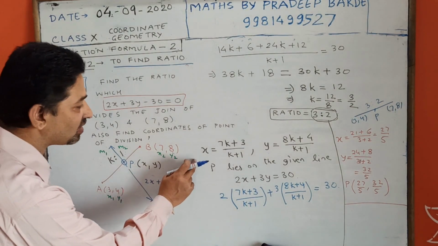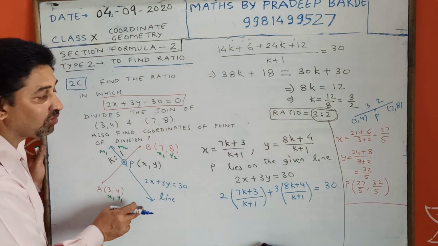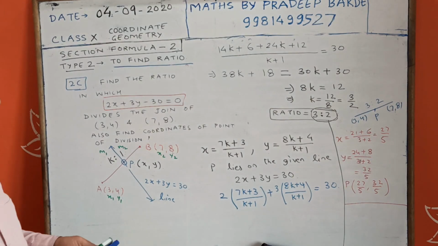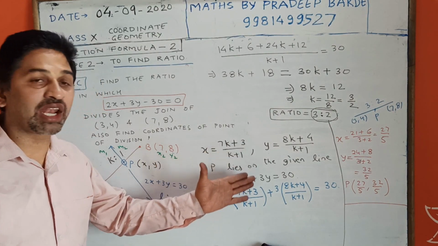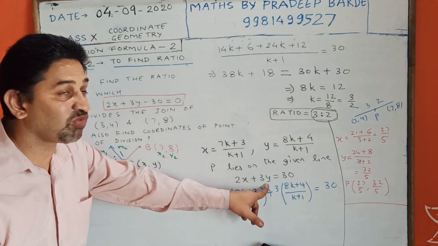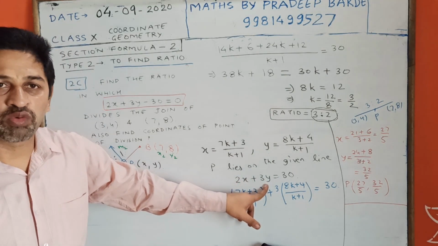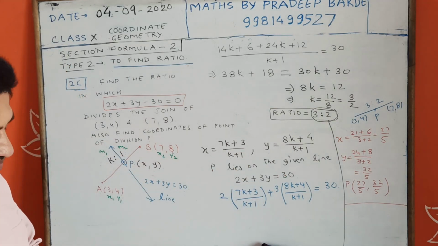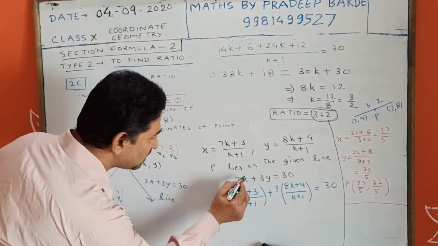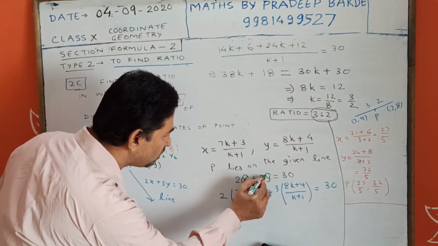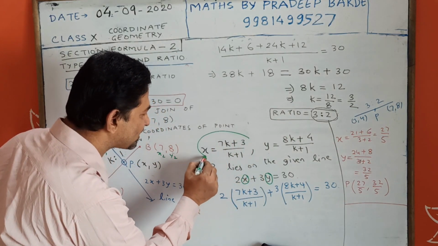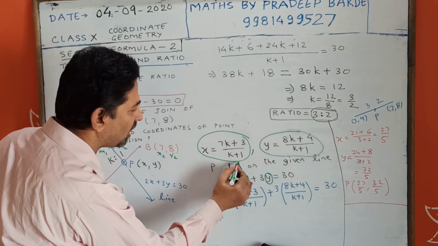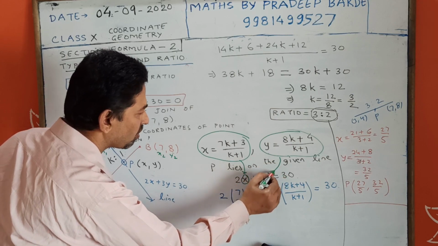Now we know that the point P lies on the given line, and we have discussed earlier that when any point lies on the line, that means its values of x and y satisfy the given equation. तो यहाँ पे बच्चों ये जो x और y की वैल्यूज हमने निकाली थी, ये x की वैल्यू है और ये y की वैल्यू है, ये x और y की वैल्यू यहाँ पे आपको पुट करना है.